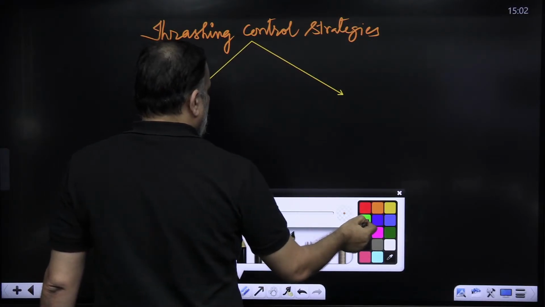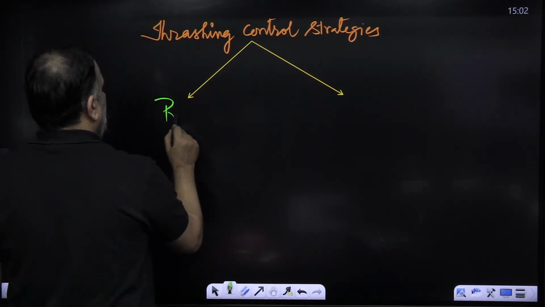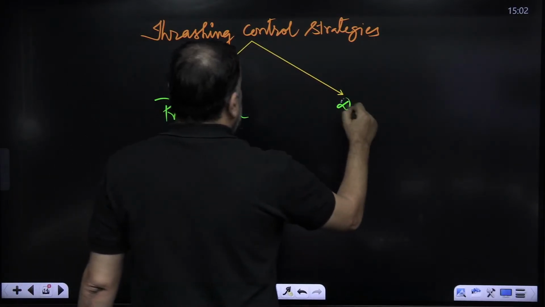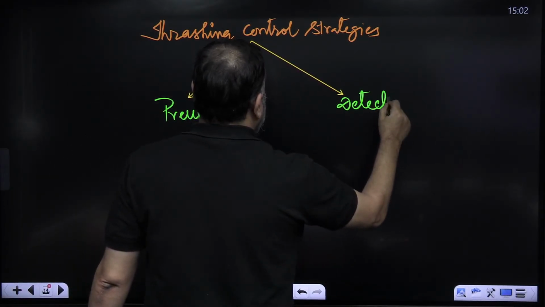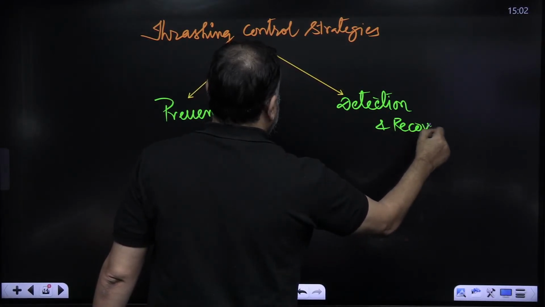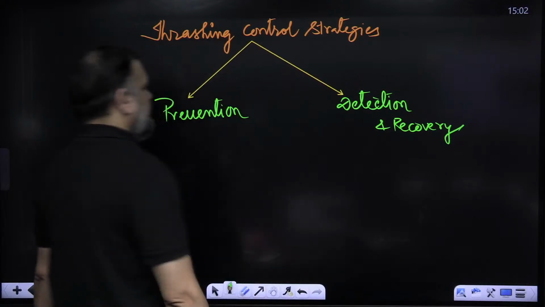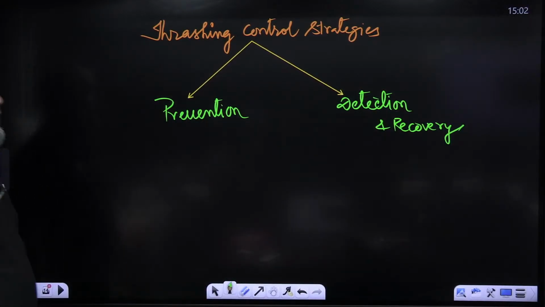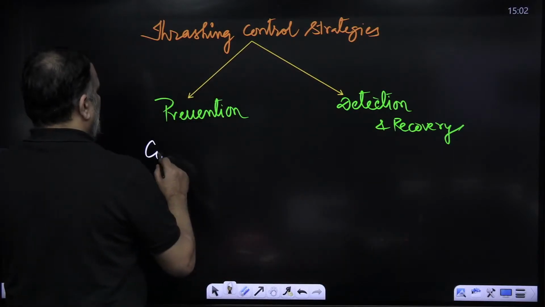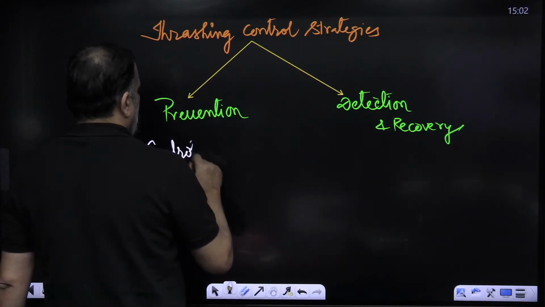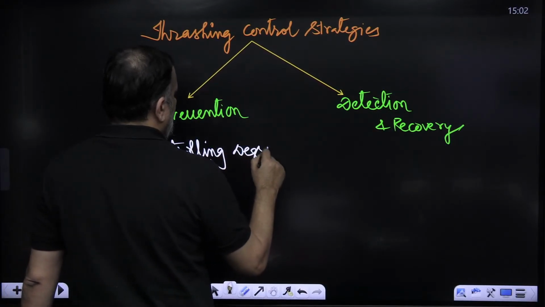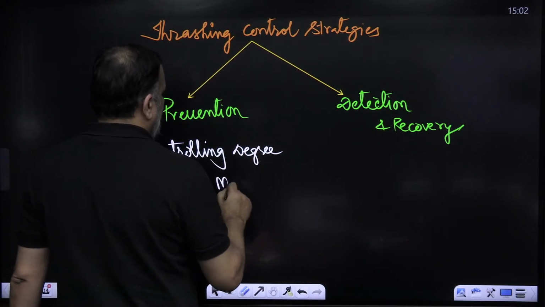I can have a preventive approach, or I can even go for detection and recovery. Two approaches like deadlocks. It can be easily prevented by controlling degree of multi-programming. Control degree of multi-programming. Very simple.